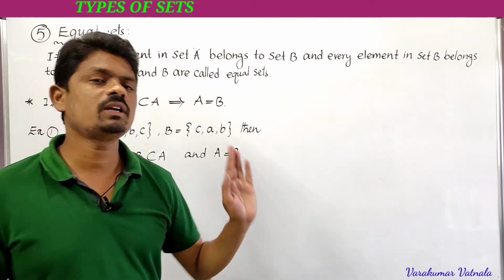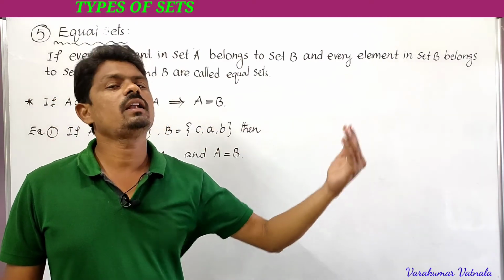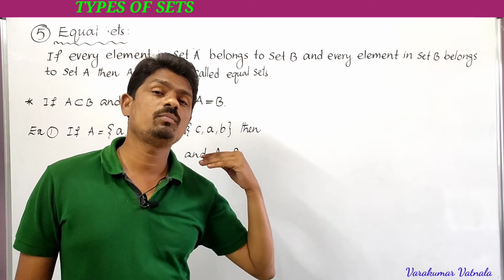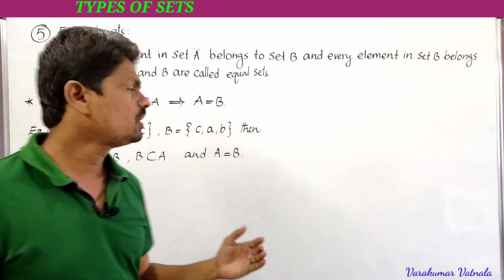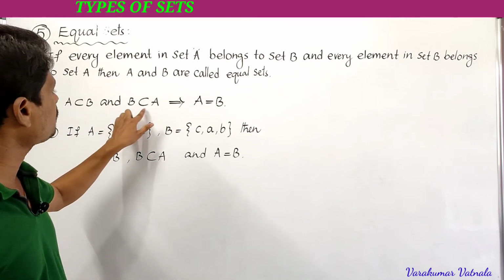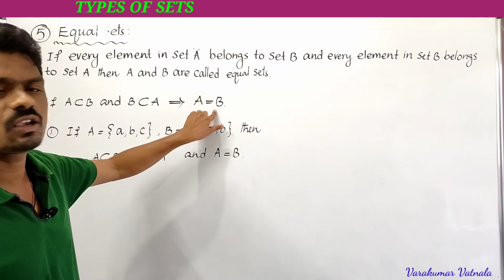So see here, if A is subset to B and B is subset to A, that implies A is equal to B.